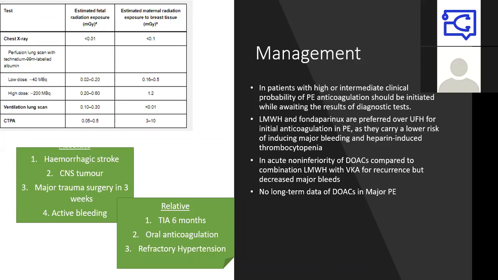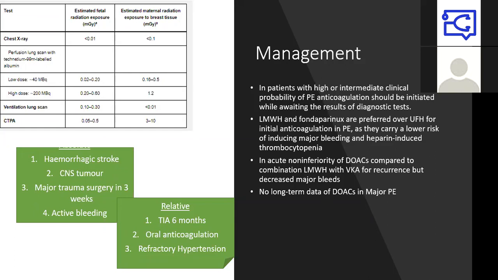So it's fine. Now, in terms of CTPA and VQ scan, with CTPA the fetal exposure is a little bit raised. So the overall cancer risk for the mother is increased by about 0.6 to 2.5%, whereas for the actual fetus, I think it's like 5% over the first couple of years.